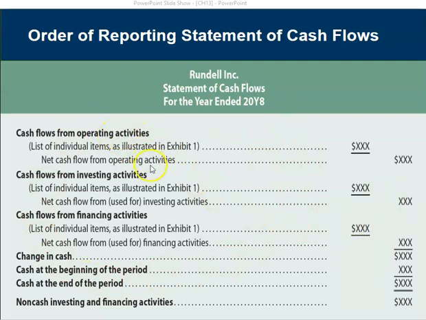We start with operating, then investing, and then financing. That gives us our change in cash. Whether this change in cash is positive or negative, we add that to the beginning cash for the period, and that should equal cash at the end of the period.